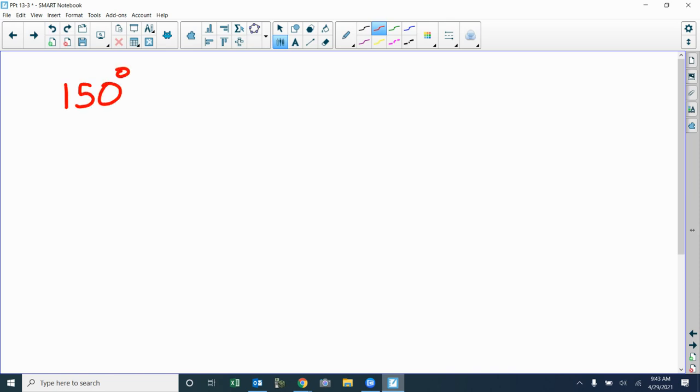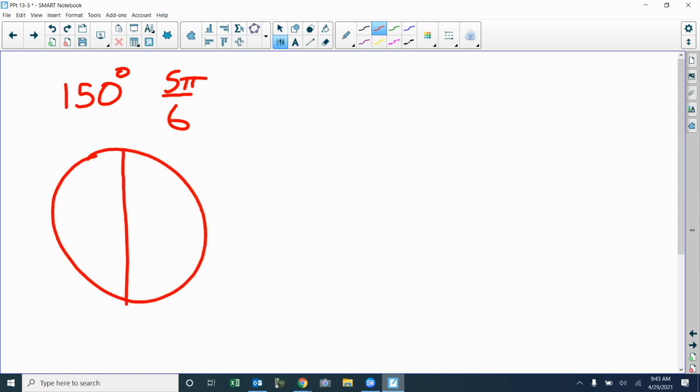150 degrees, which would be what in radian measurement? Anyone? 150 degrees, anybody? 5 pi over 6. Draw out your circle, see if you can figure out what your x and y values are. And if you feel confident about it, move forward or check your plate if you want. I would try to get in the habit, if you need to check your plate here at the beginning, do so.